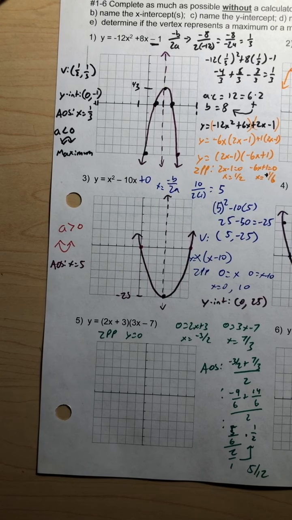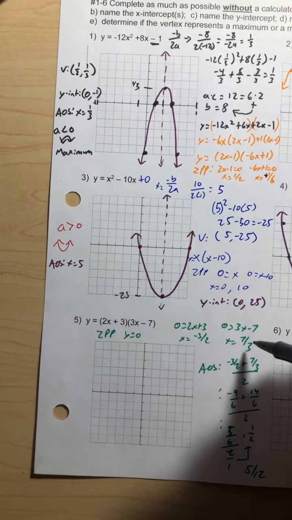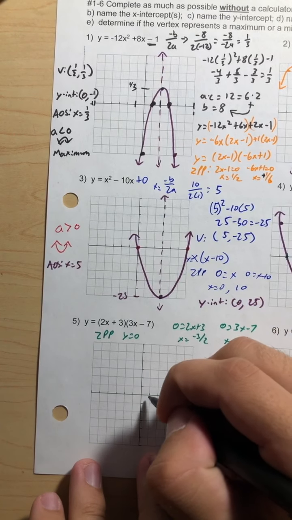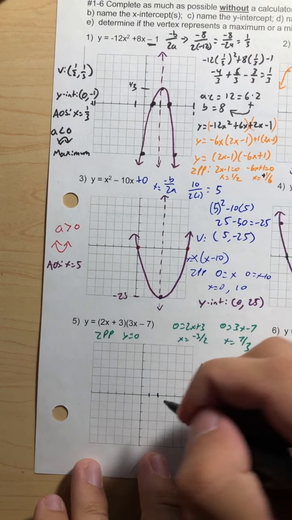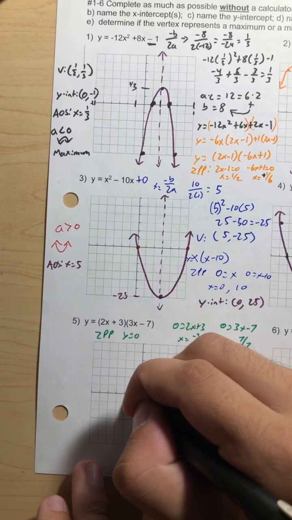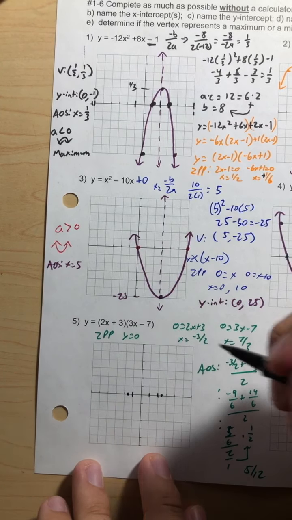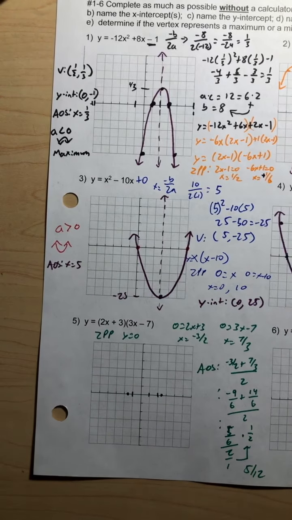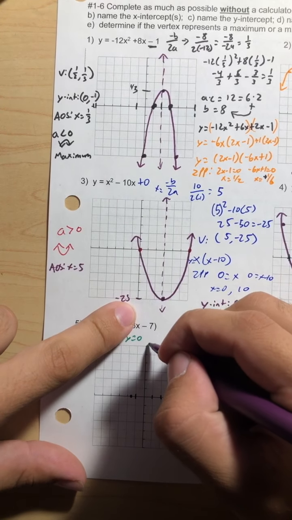So let's just go ahead and do the best we can with this. 7/3, this is over 2. I'm just going to use these as 1 markers today. So 1, 2. So 7/3 would be right there. Negative 1/2 would be somewhere there. My axis of symmetry is going to be in between these. 5/12 is less than 1/2, so somewhere here.